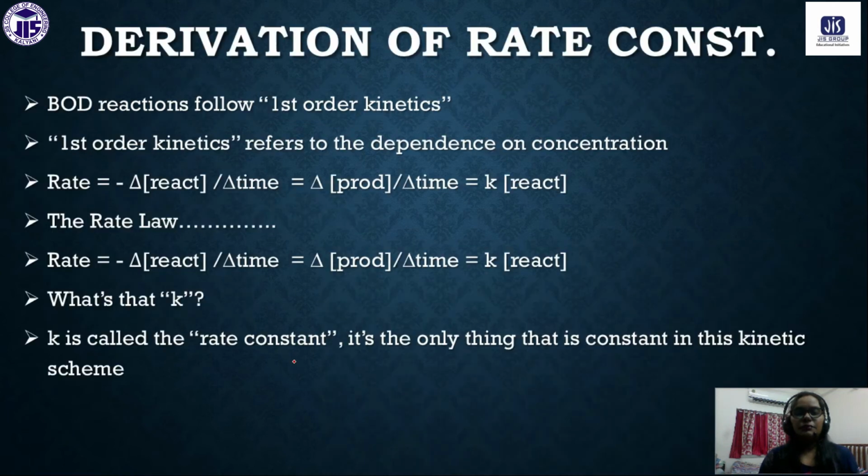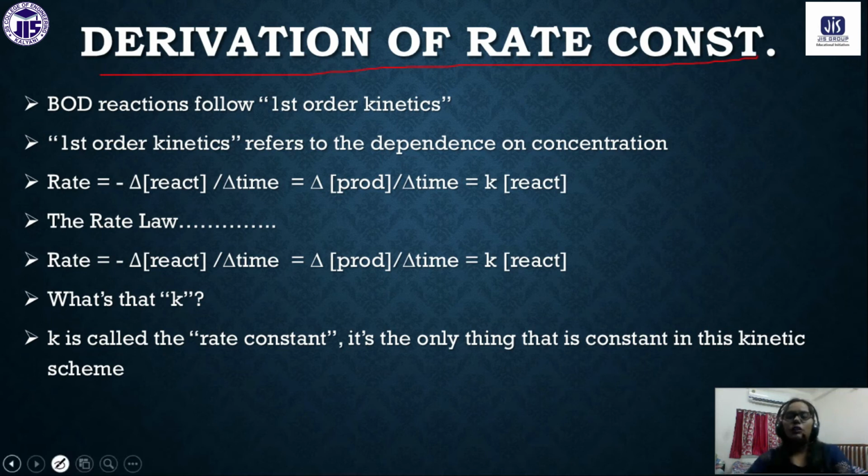Now we will see the derivation of the rate constant. Very important, the rate constant. First of all, you should know what we mean by the rate of a reaction. If I say the rate of a reaction is first order, second order, or nth order, what does it mean?